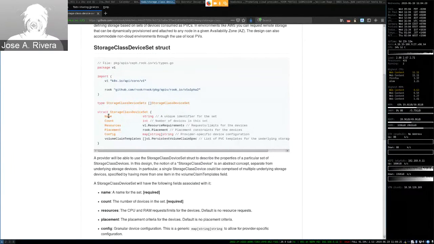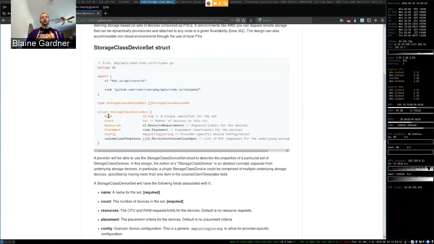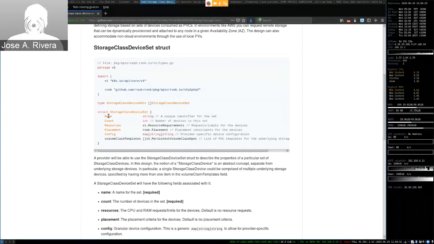I want a given device set to only provision EBS volumes and the corresponding OSD and schedule the corresponding OSD pods within a certain availability zone. Okay, and that's placement. And that's placement. And then you have to account for the fact that because of reasons, an admin might have different instances in different AZs. Thus, the resource requirements come in.